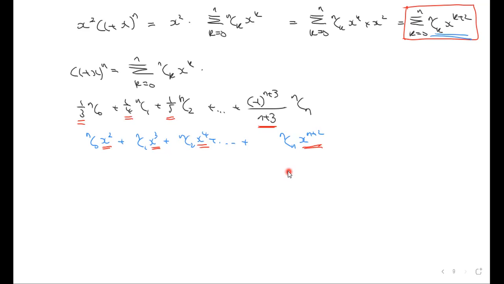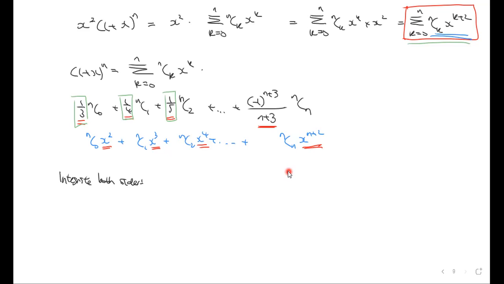We need to still modify this to our purpose. And the way we would modify this identity to get this fraction of 1 over something at the front is we would integrate. So we're not done with this. We need to integrate both sides.